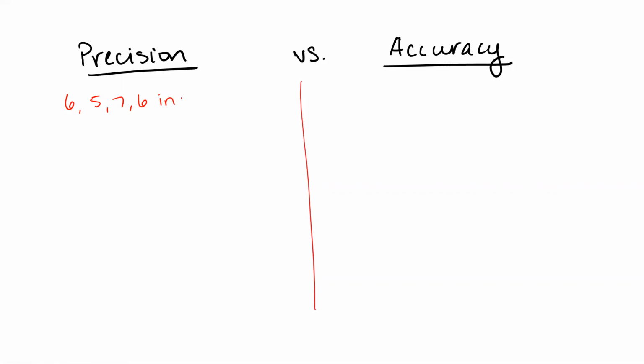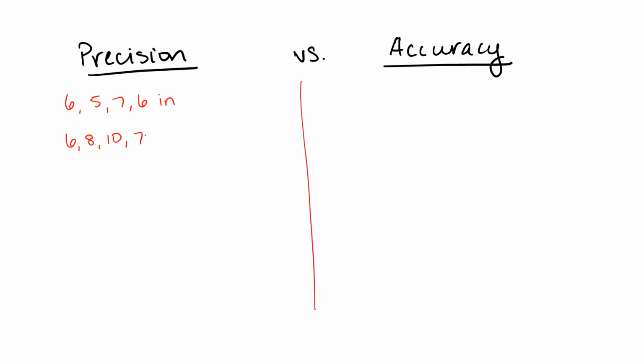They're about the same, so you have a greater precision than if you had gotten the numbers 6, 8, 10, and 7 from measuring the same object. You have less precision because the values aren't close to one another.